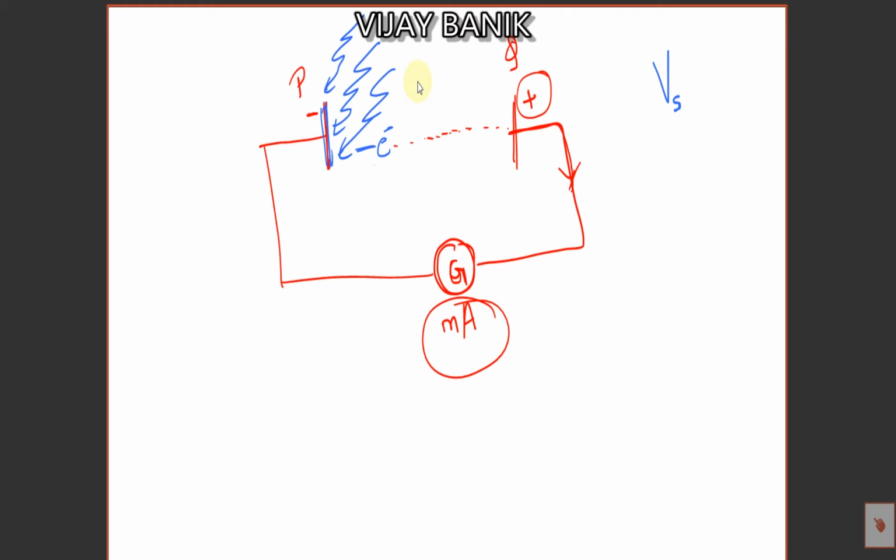So if you increase the brightness of the light, there are more photons, so more interactions between electrons and photons, therefore more electrons get released, more electrons get attracted towards this positive plate, and you get more reading over here. That's how we know that if you increase the intensity of light, more electrons get ejected, because the current in the circuit increases and the reading on this galvanometer and milliammeter increases.